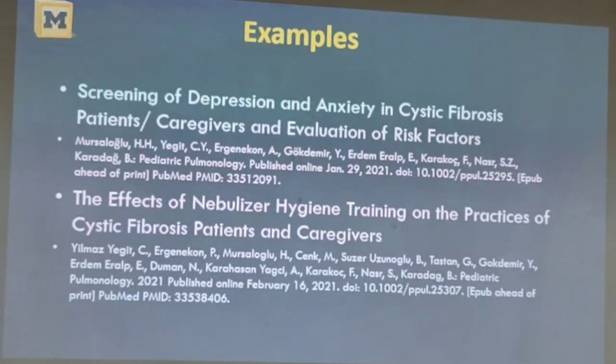They didn't have psychologists, they don't have social workers, they have psychiatrists. But anyway, they took the questionnaire and translated it to Turkish, and they did screening for depression and anxiety. They were able to publish it. And then they used, as Sharon showed you, the technique for the yearly evaluation for equipment and cleaning equipment. They took that and did it and published the paper there as well.